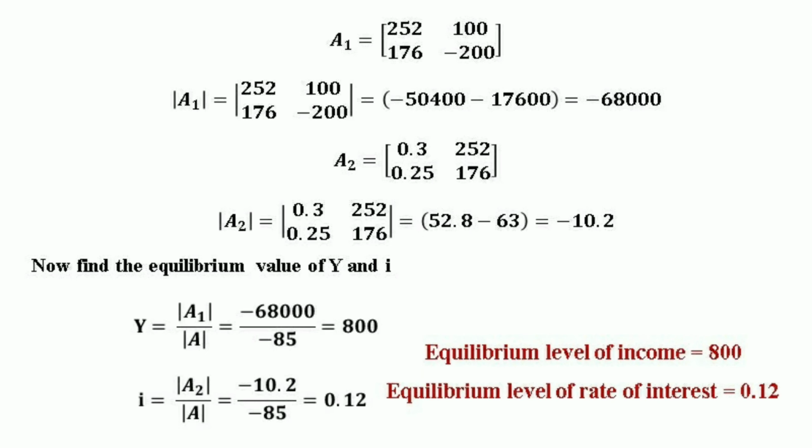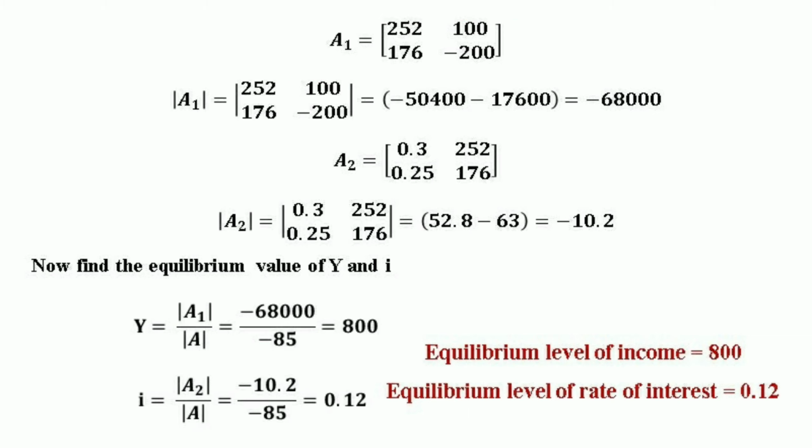The next step is to form another matrix which is known as A1 by replacing the first column coefficients, that is, 0.3 and 0.25, with the column vector of constants, that is 252 and 176. So the new matrix A1 is equal to 252, 100, 176 and minus 200.